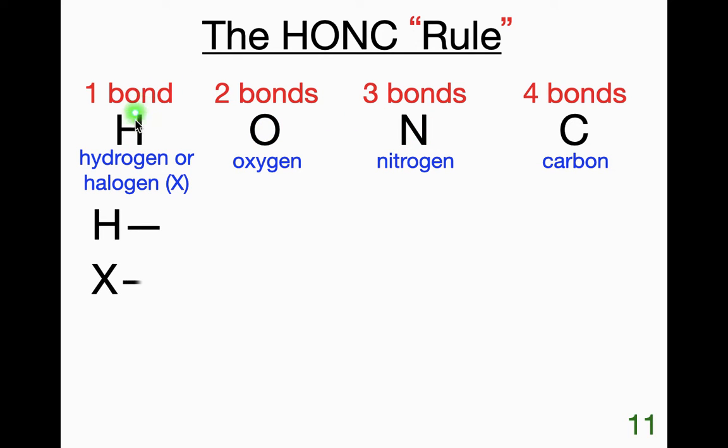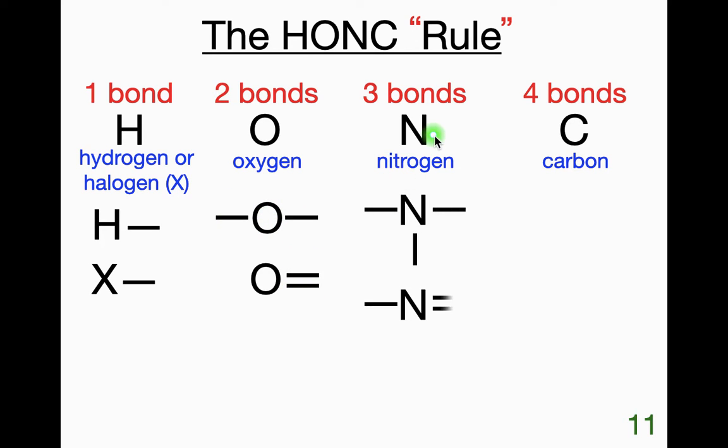So hydrogen or halogen, so let's let X represent any of the halogens, will have just 1 bond. Oxygen will have two bonds, which could be two single bonds or a double bond. Nitrogen will have three bonds, either three single bonds, a single and a double bond, or a triple bond.